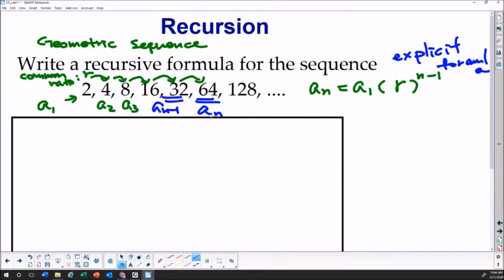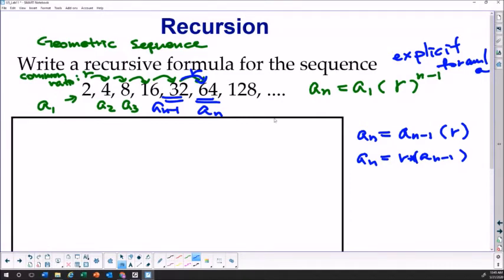You get the nth term starting from the one previous by multiplying the common ratio one time. So I can write this as A sub n, the nth term, is A sub n-1 times the common ratio r. Or you can also write r times A sub n-1. Either way.